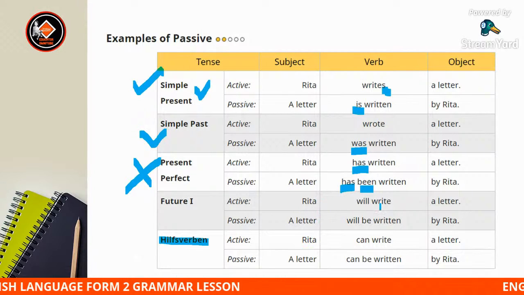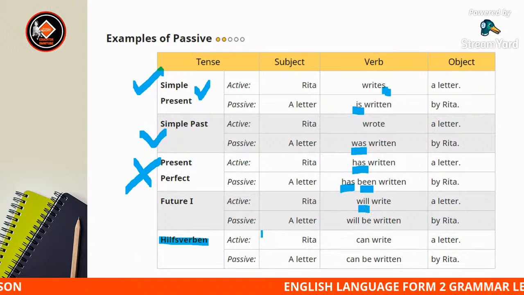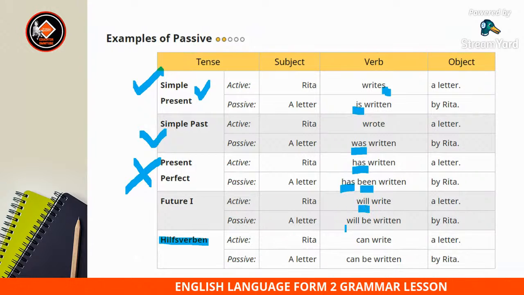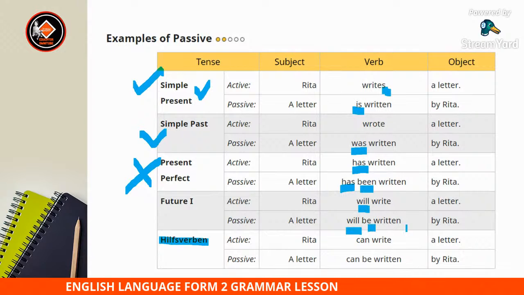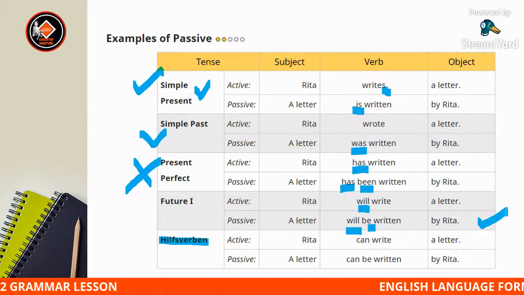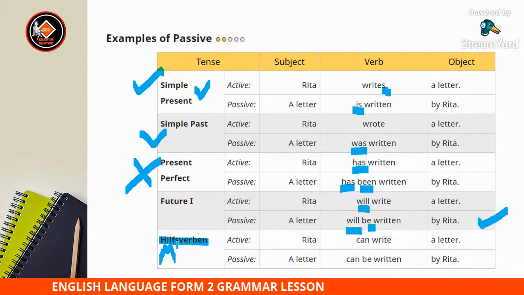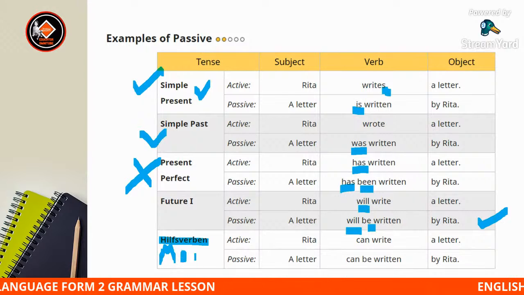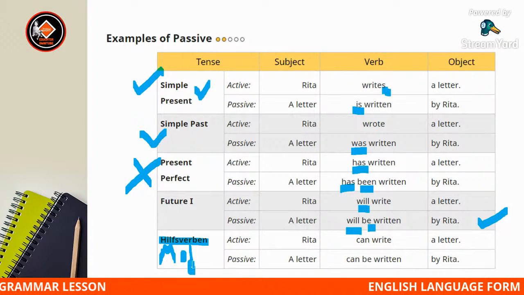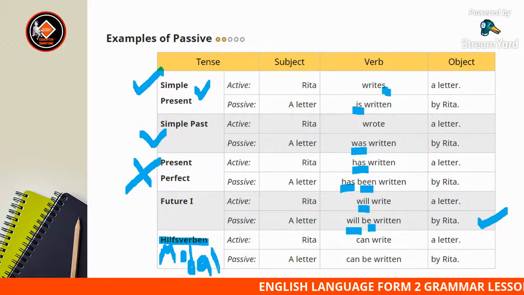Example, Rita will write a letter. Correct. Future, right? Will. So how to write in the passive? A letter will be written by Rita. This one sometimes you use for Form 1, Form 2, Form 3. Just the same as this is modal. Modal is the word can.